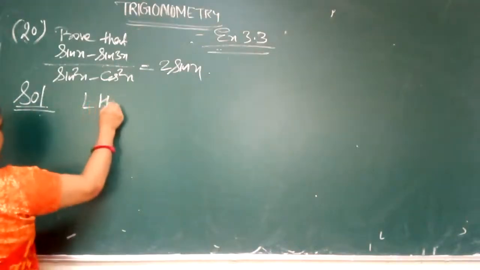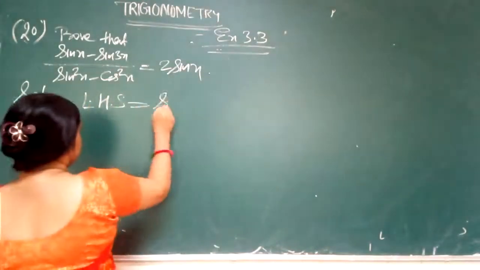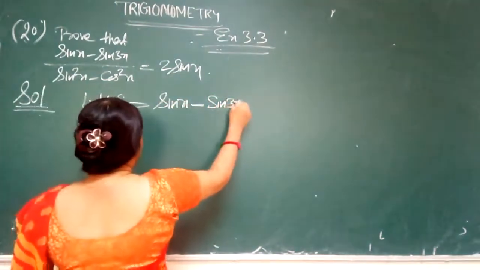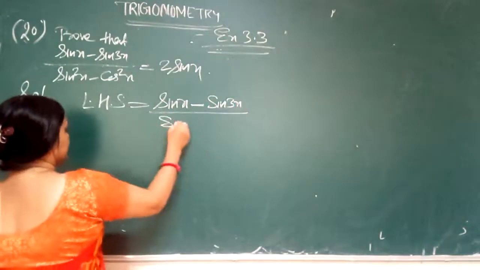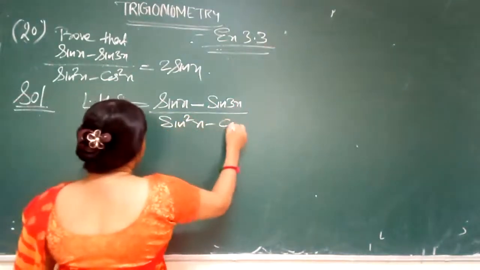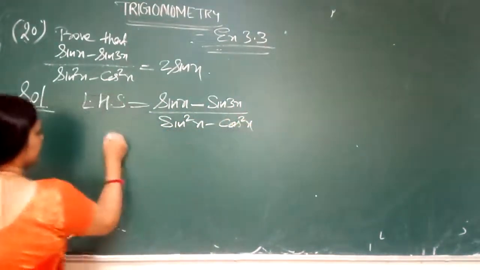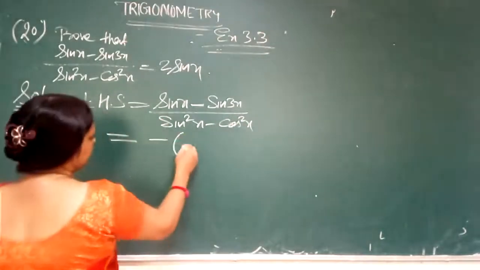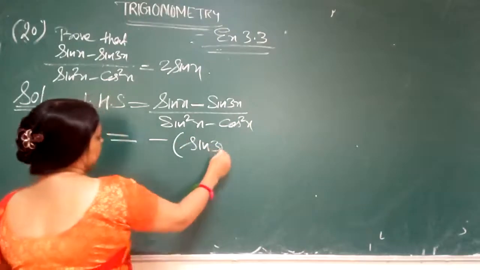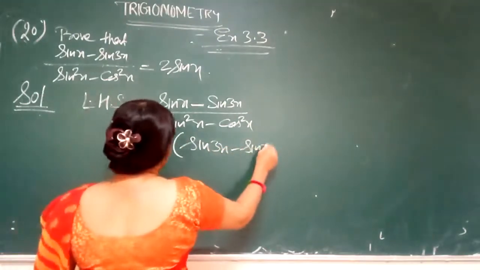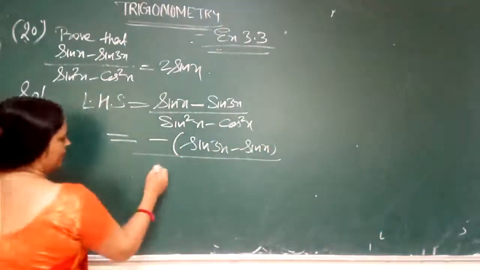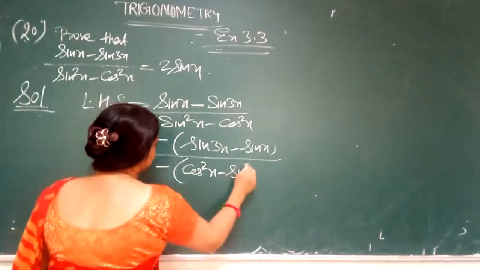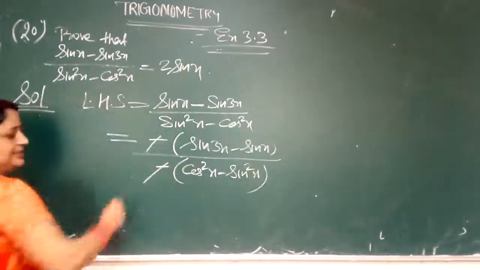Take LHS. What is LHS? That is (sin x minus sin 3x) upon (sin square x minus cos square x). First of all we will change this term. We can write sin 3x minus sin x, and here also minus is common, so it becomes cos square x minus sin square x, and this minus cancels.